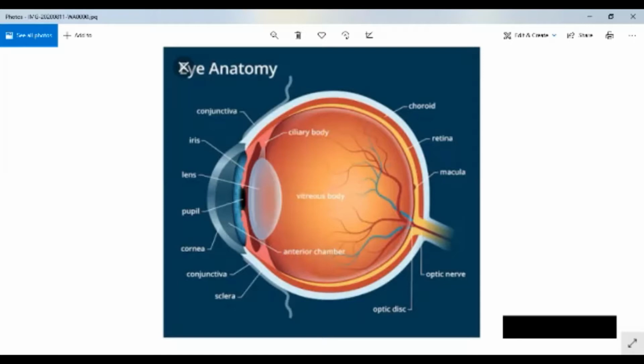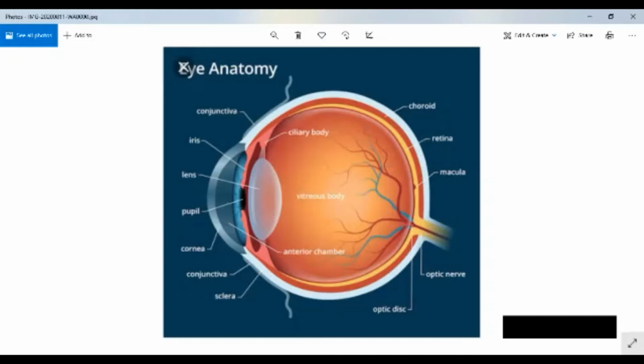And the innermost layer is known as the retina. The importance of the retina is that image formation takes place on the retina. And the retina consists of the photoreceptors. What photoreceptors are, you will study after this, with functions and parts. So retina is the innermost layer.